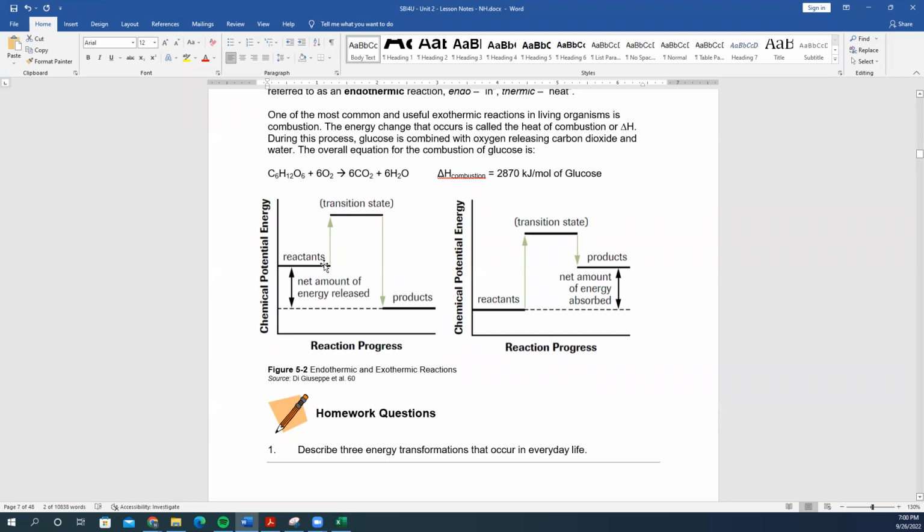And the activation energy is the difference here between the chemical potential energy of the transition state and the chemical potential energy of your reactants. This is the activation energy that was put in order to reach this transition state. Same here, this would be the activation energy that is put in to reach the transition state.